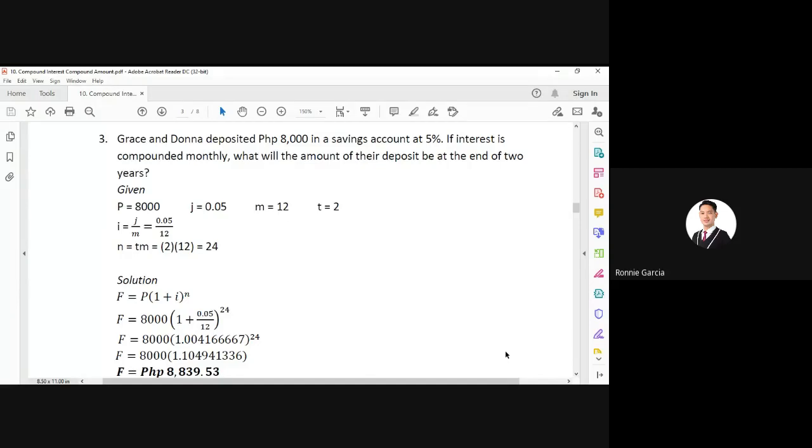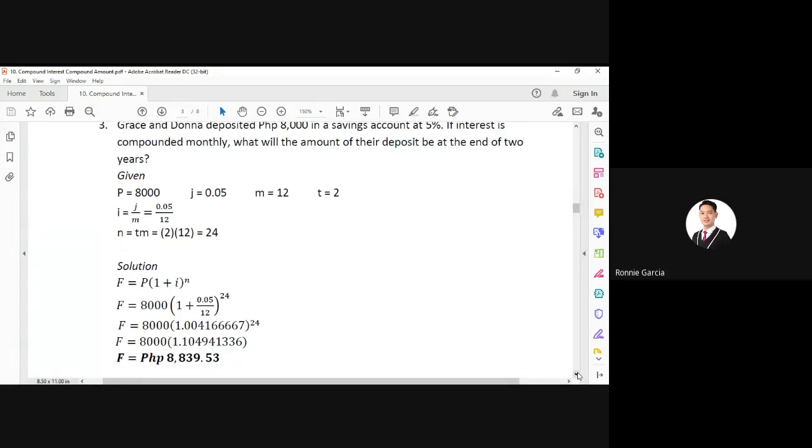So mo nang mugawas ang 1.1049413336. Then nawala na ang exponent, i-multiply na nimo sa 8,000. So the correct answer is 8,839.53. So, di ba, imagine 2 years nila gitaguan ng kwarta sa savings account nila.